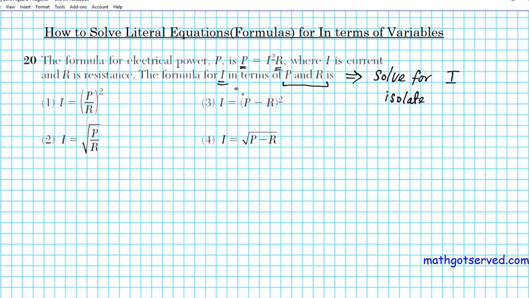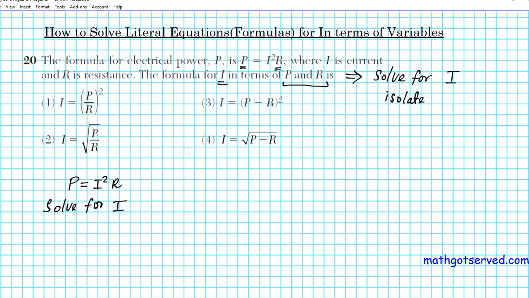That basically means I has been expressed in terms of P and R. Alright, so if we get I isolated, we have accomplished the goal of expressing I in terms of P and R. Okay, so we have the equation P equals I square R. So the goal here is to solve for I.